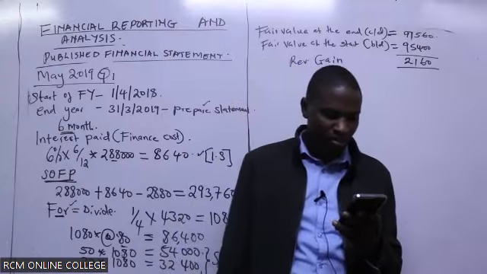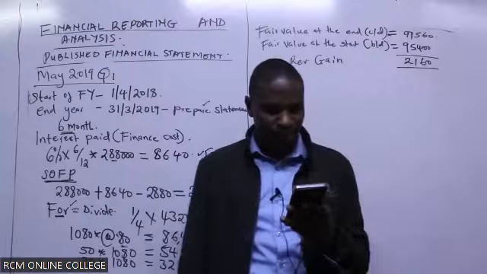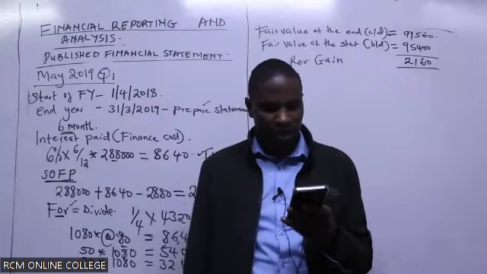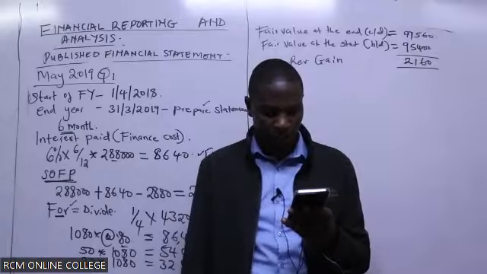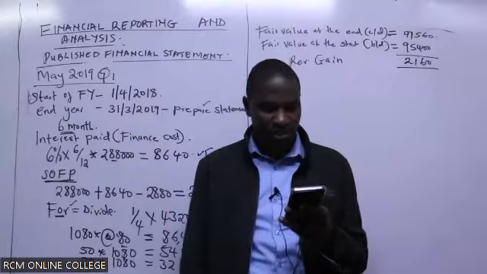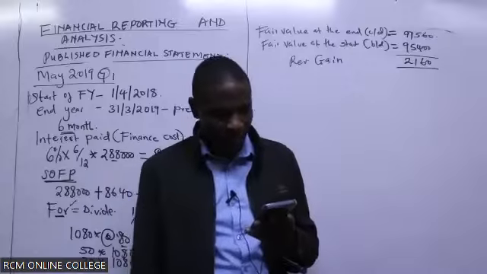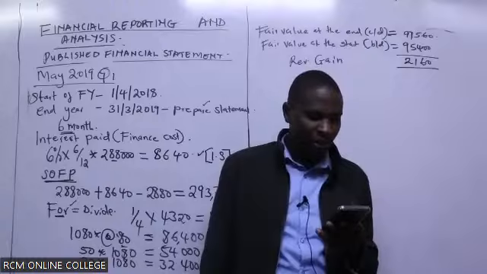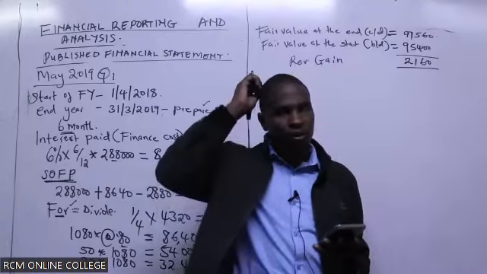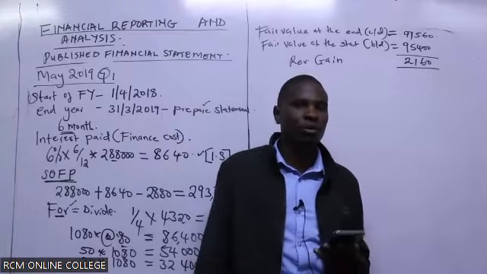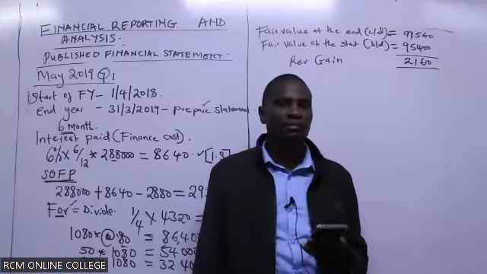On 31st March 2019, a professional valuer valued the building at 331,200,000 with no change in the value of the land. Depreciation on building is charged at 60% to the cost of sale and 20% each to the distribution cost and admin expenses. You see, at least examiner will always tell you where to take the depreciation.